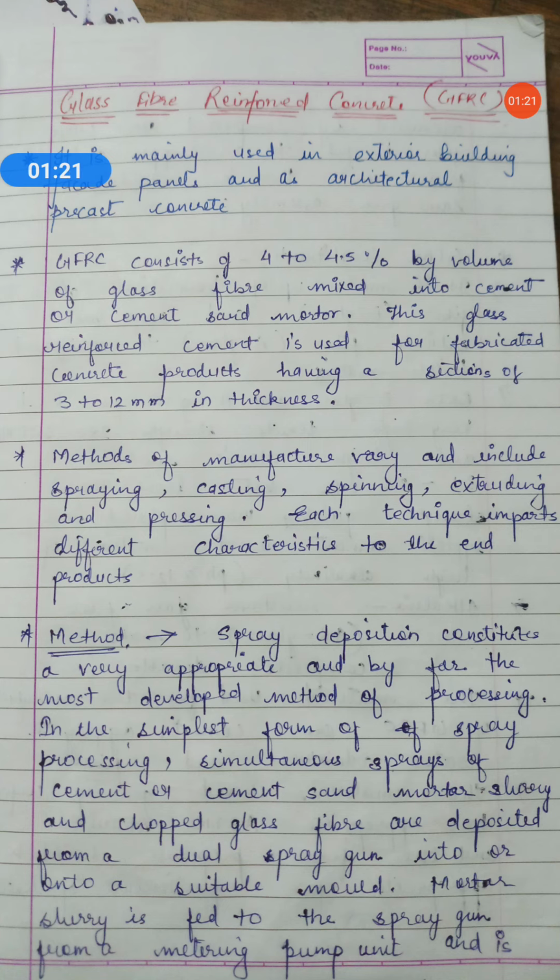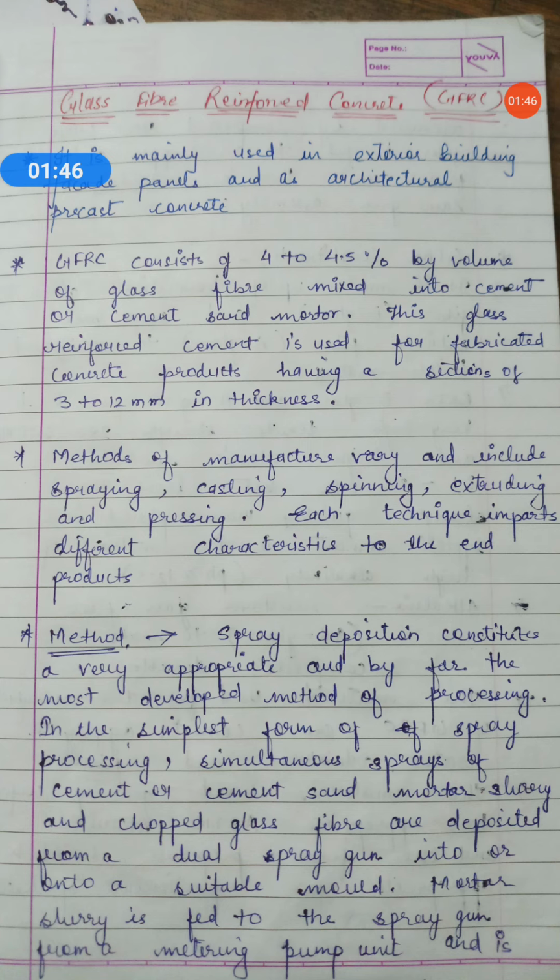This glass fiber reinforced cement is used for fabricated concrete products having a section of 3 to 12 mm in thickness. So in fabrication work we can use glass fiber. We have many methods of manufacturing glass fiber reinforced concrete.